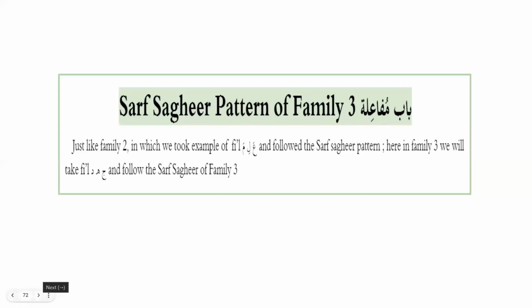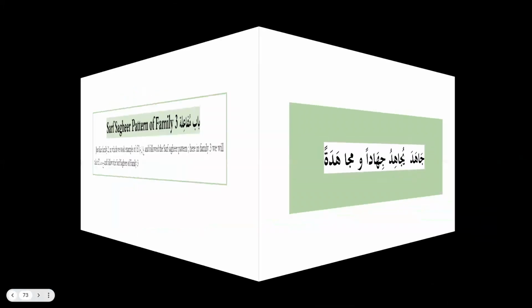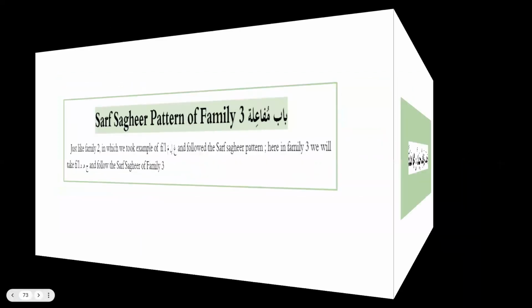Family 2, the Bab Taf'il that we did in the last lesson, is also called the Allama family. Students of Arabic usually call that family the Allama family, and family 3 the Jahada family. But the conventional name for this family is Bab Mufa'ala.